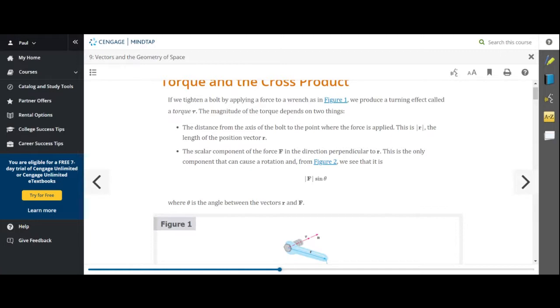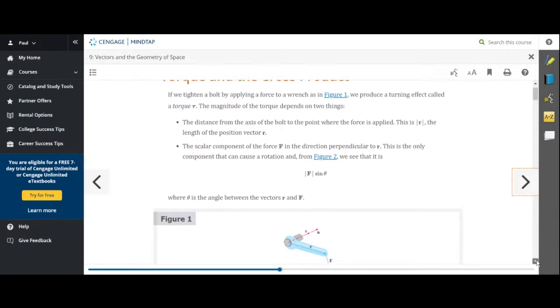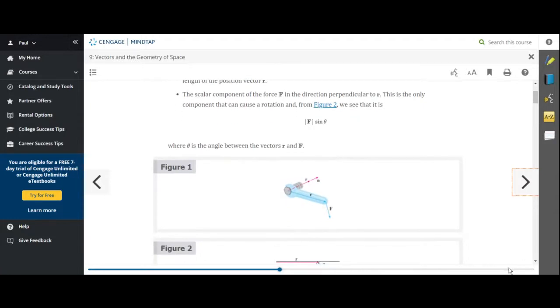So of course, if you tighten a bolt, you have to use torque. In the picture here, they have a wrench, and you're applying a force to the wrench.